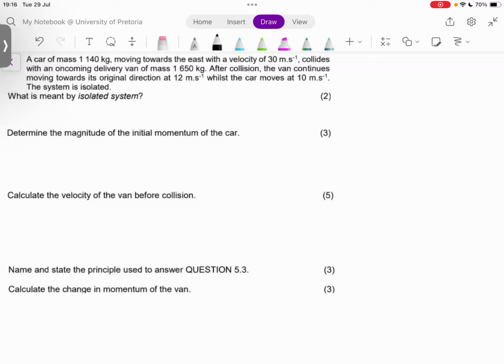The system is isolated. Again, guys, what do we mean by an isolated system? Yes, this is a system with no external forces. There is no loss in energy, and we can apply the principle of conservation of linear momentum, right?